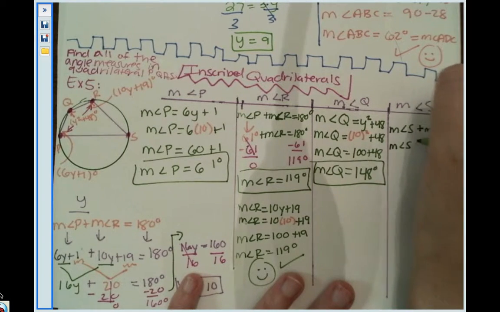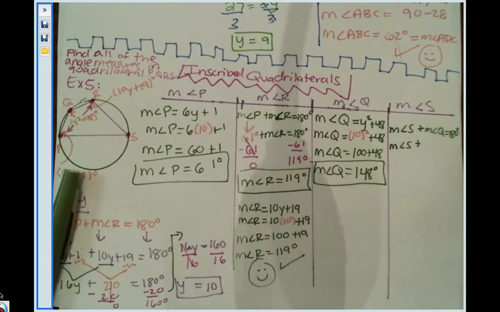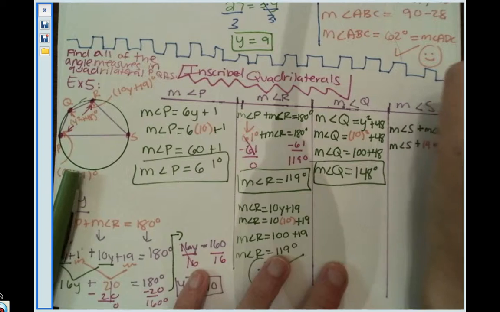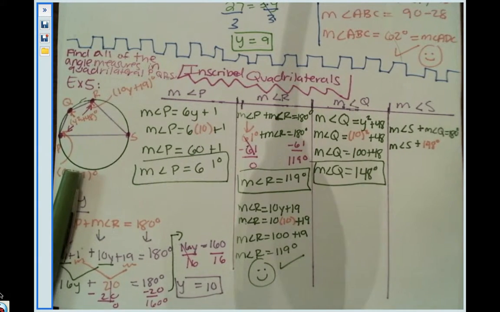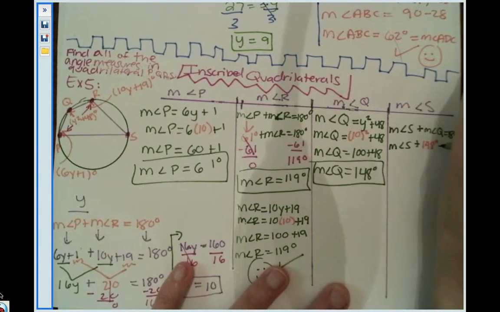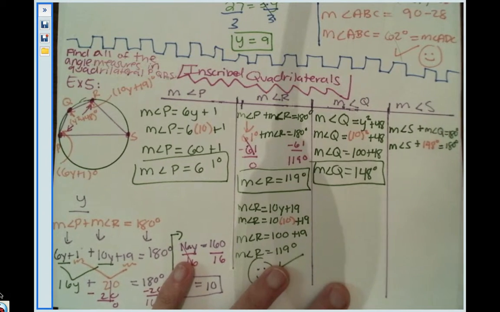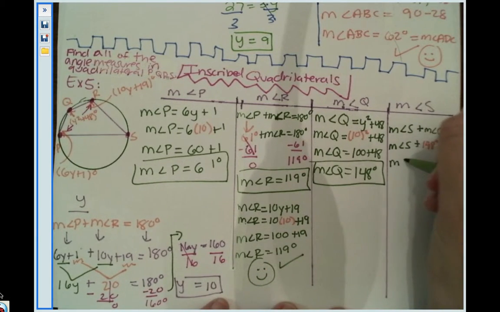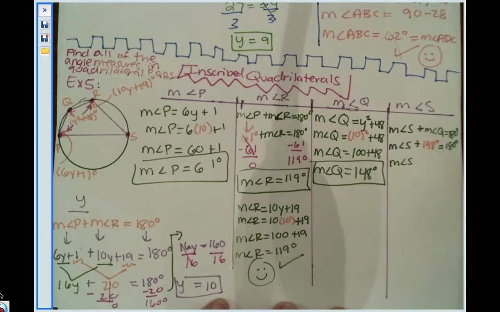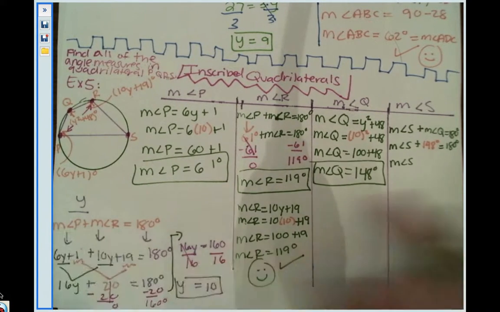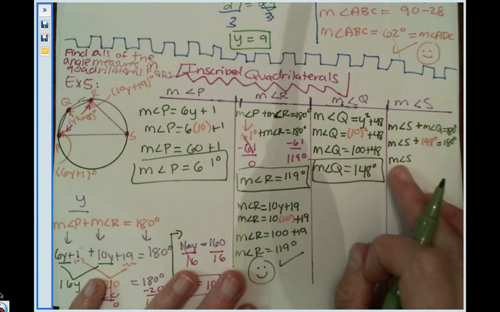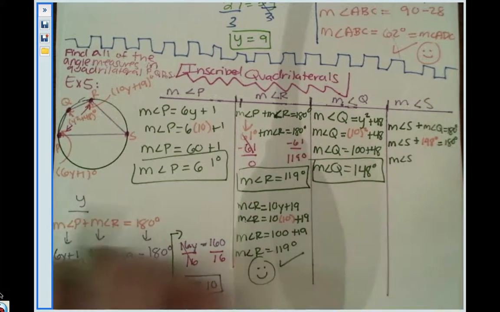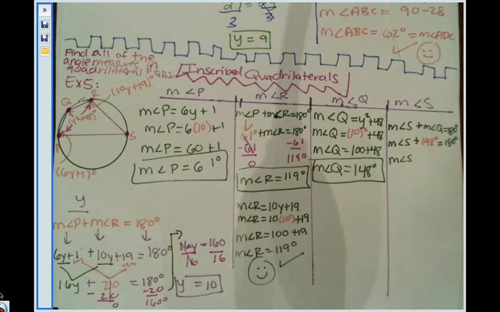So the measure of angle S plus the measure of angle Q, which I already know is 148 degrees, will equal 180. I want to get the measure of angle S by itself, so I need to move 148 to the other side. How do I move 148 to the other side?